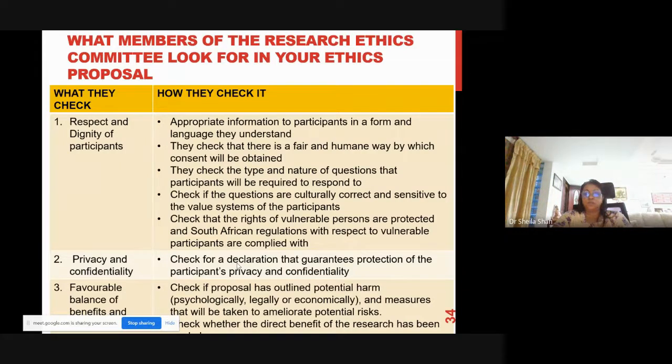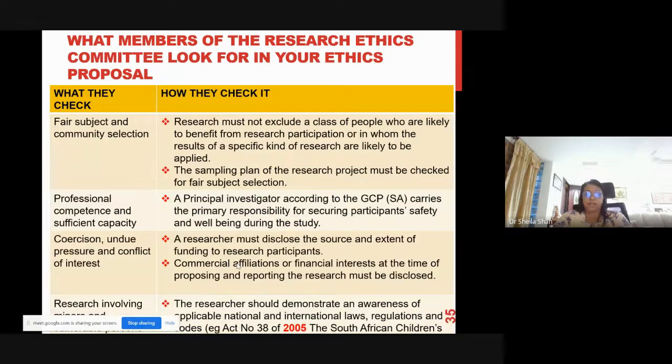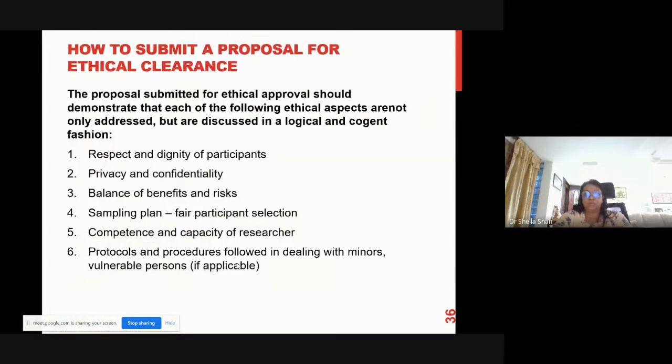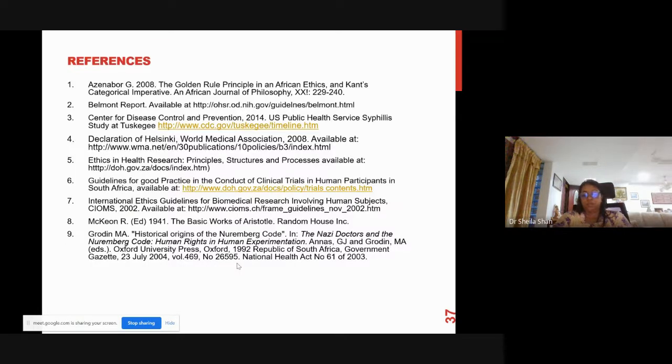When you are doing your proposal, the committee will look into the ethics also. They might ask you what ethics you considered. So you must respect the dignity of the participant. There is privacy, benefit and risk, sampling. Are you fair to the participant? And then the protocol that you need to follow.